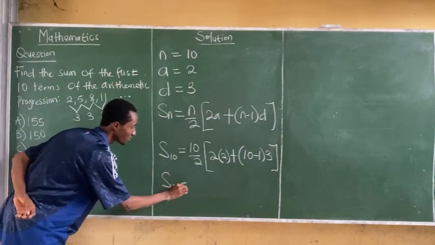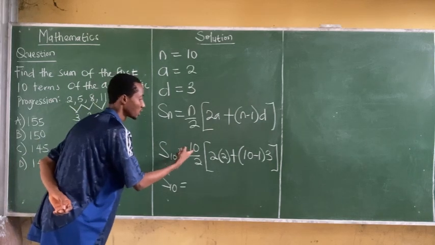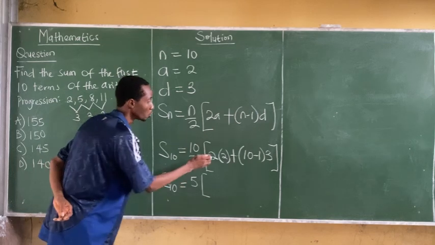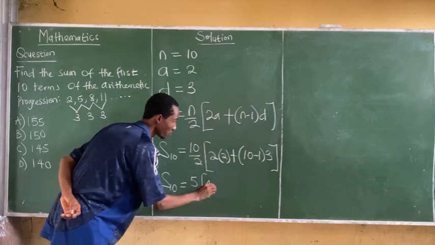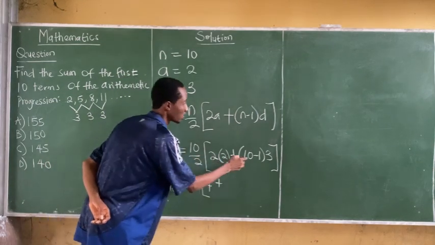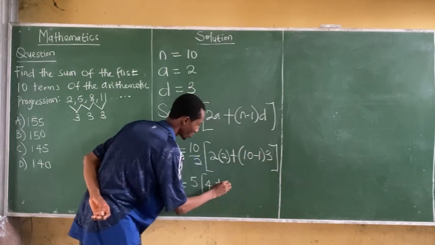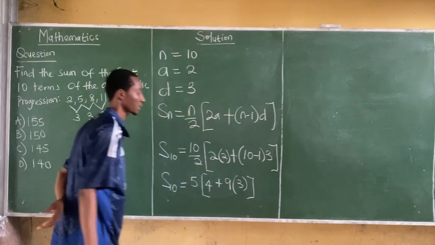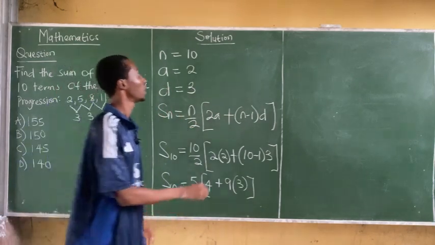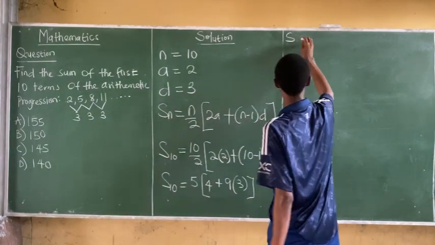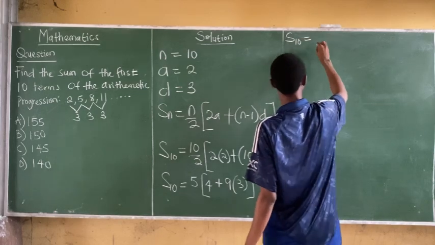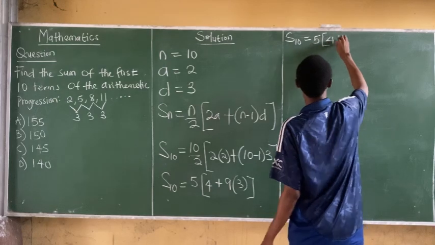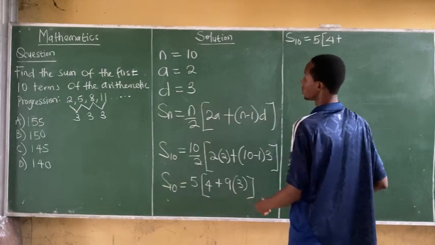S10, the sum of the first 10 terms, is equal to 10 divided by 2, we have 5, into 2 times 2, we have 4, plus 10 minus 1 will give us 9, multiplied by 3. We close the brackets. S10 is equal to 5 into 4 plus 9 times 3 will give us 27.